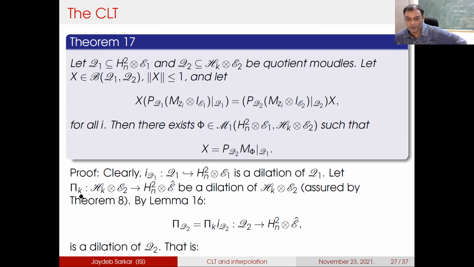So consider pi sub k as the dilation of HK tensor E2. Now just use the previous result about dilation of quotients. So you take the composition here, and then you're going to get a dilation of Q2, right?